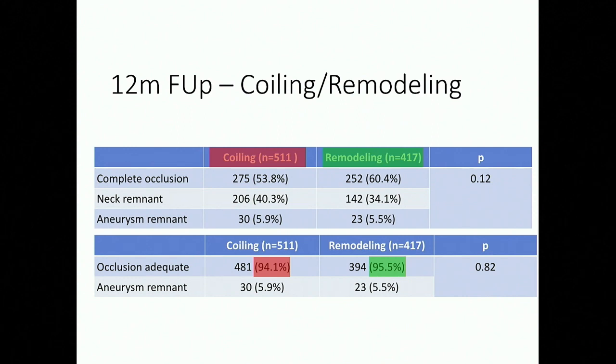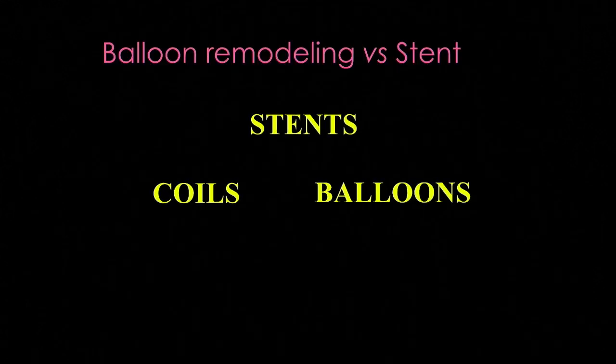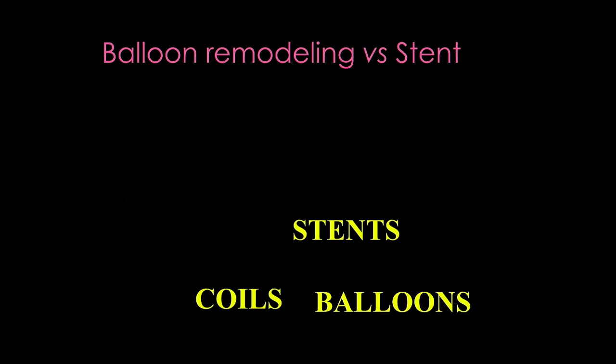So to conclude, you see that the balloon is a fantastic tool. It is widely used to treat ruptured aneurysms. It's a little bit confusing with coils, especially in the United States. In the United States, the physicians are not trained to use balloons.